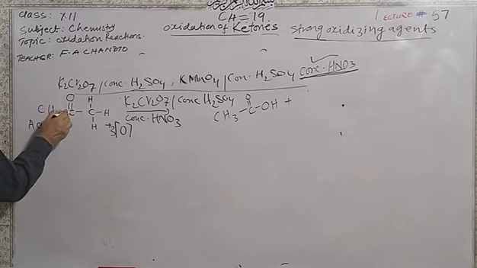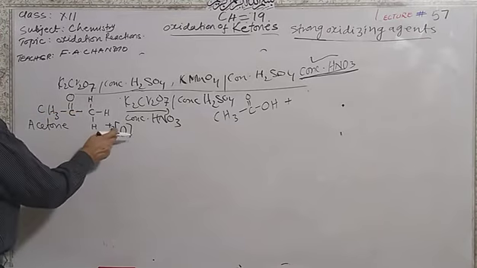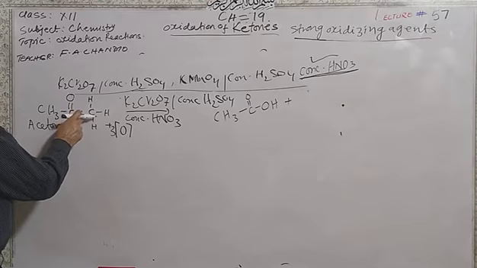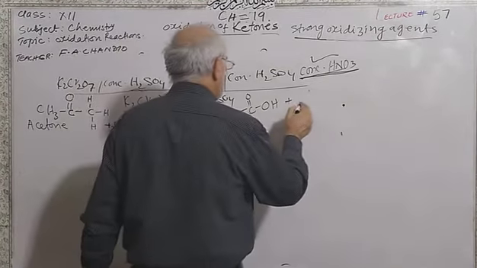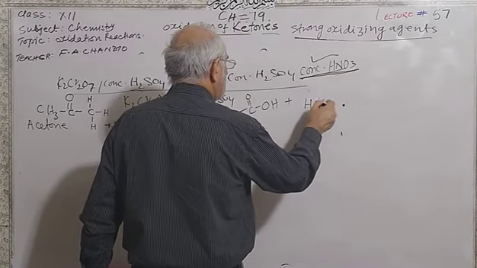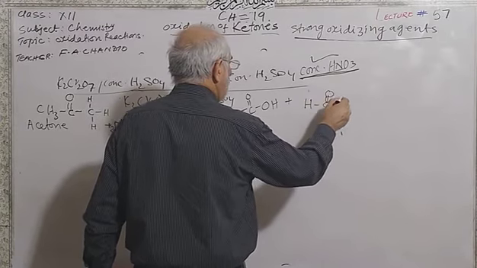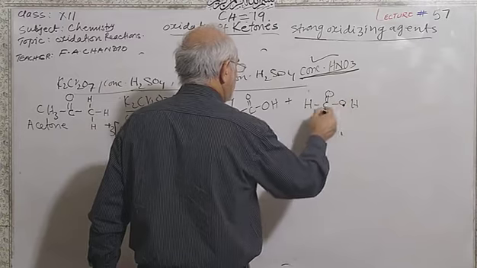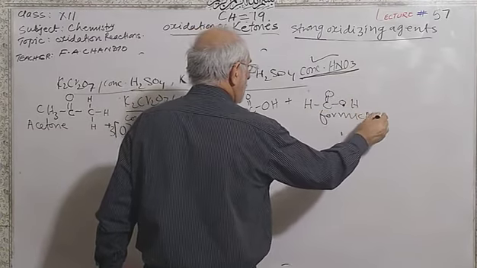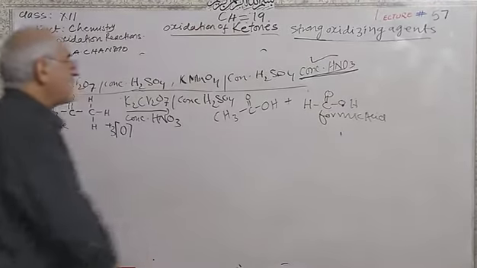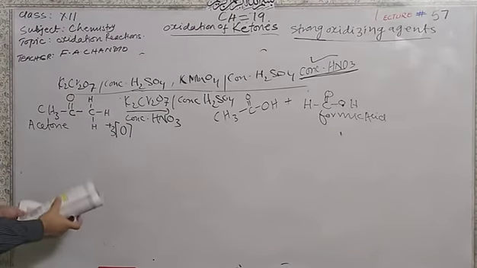So this is going to be oxidized, CH3CO, and one oxygen from here, one hydrogen from here, to make an OH group. You will get acetic acid plus HCOOH, this is the formic acid. Acetic acid and formic acid are going to be produced here.